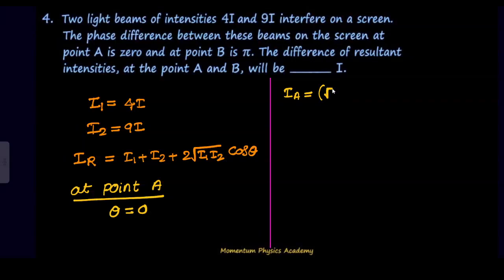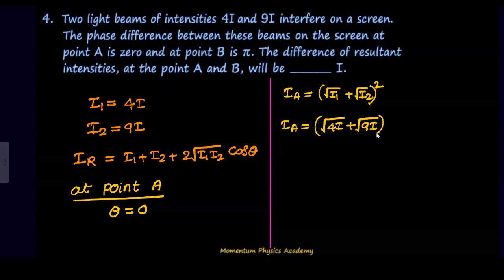The maximum intensity formula is root I1 plus root I2, whole square. So at point A, the intensity is root of 4I plus root of 9I, whole square.